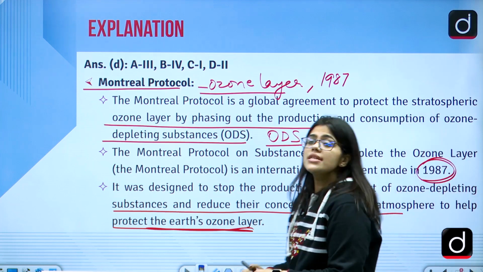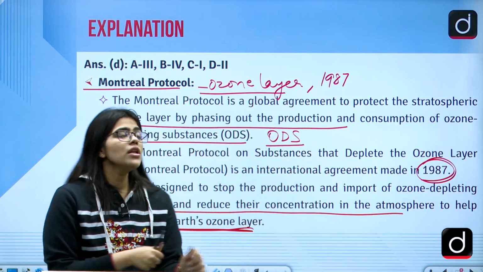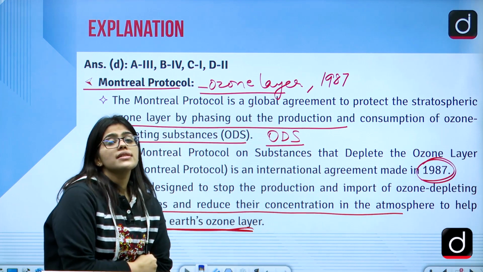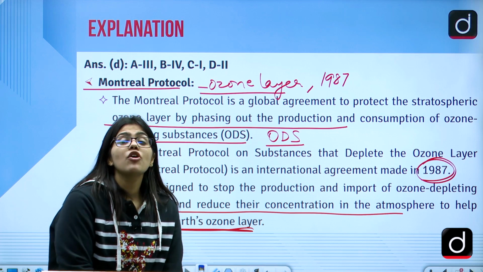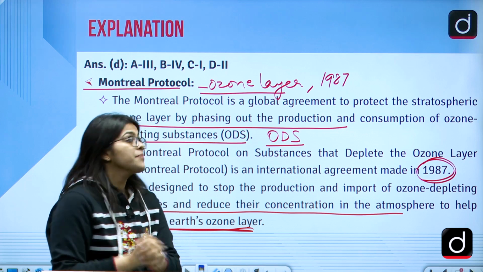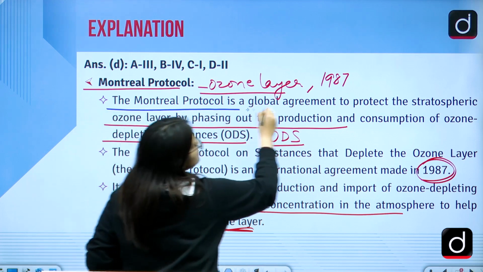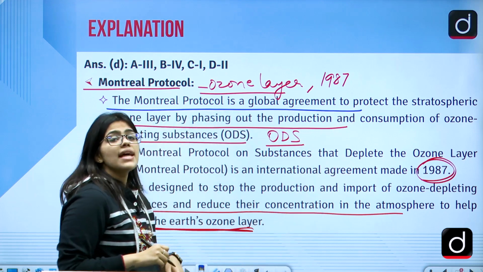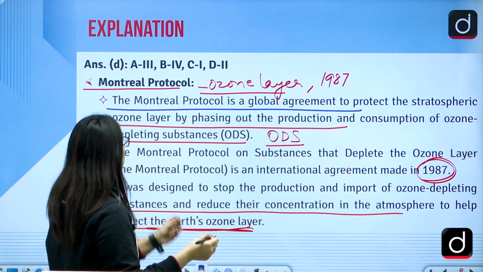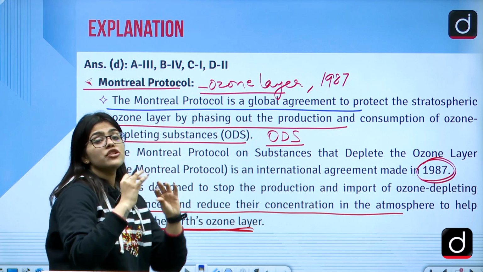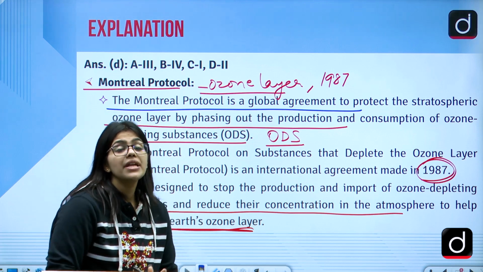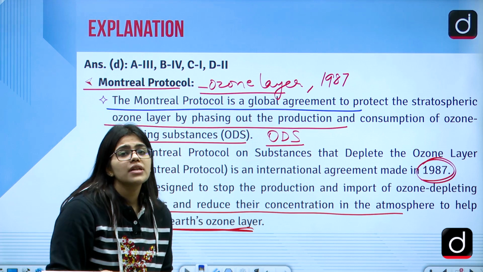So we also discussed what the Montreal Protocol is. This is a protocol that came into being because the ozone layer was depleting. The Montreal Protocol is a global agreement, and they said that you have to protect the stratospheric layer from the depletion that is happening because of the increase of greenhouse gases.